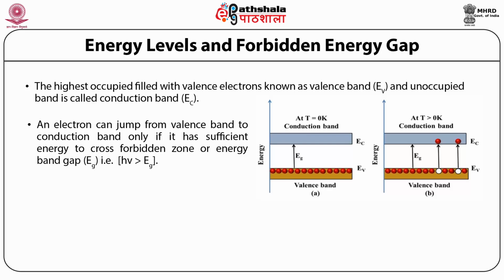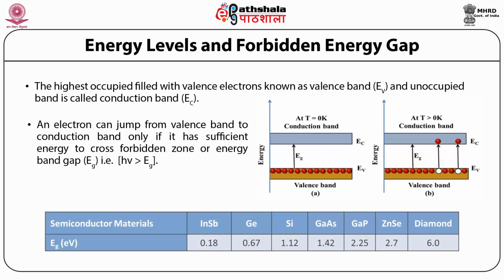The width of the energy gap decides the amount of energy required to excite an electron from the valence band to the conduction band. The value of Eg for some important semiconductors is presented in the table, where the materials are tabulated with different values of energy band gap Eg in electron volts.